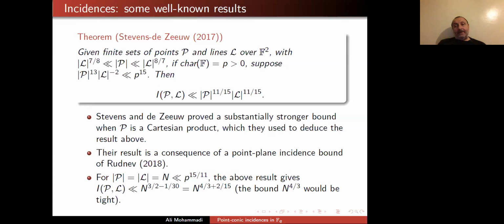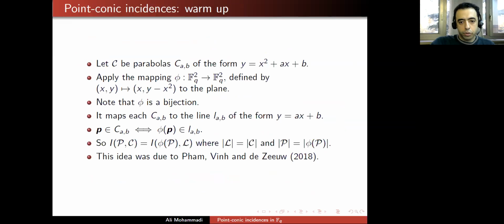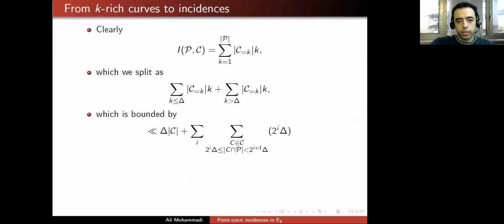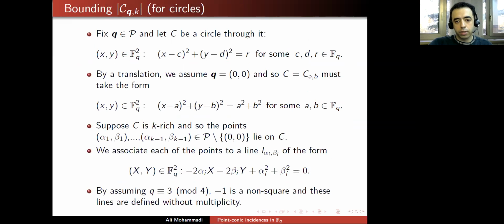Ali, in some of the results you have this condition that p should be 3 mod 4. Is it really necessary, or do the proofs just not work well enough? It showed up when we wanted to show the correspondence between the point-circle and point-line problems. So you want these lines to be defined with that multiplicity.